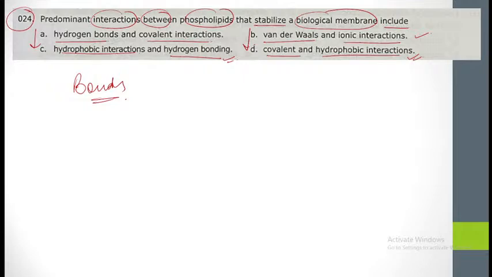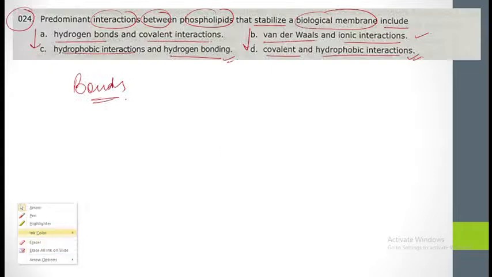Now let's give it a try. Let's get the answer for this question. Yes, the answer for this particular question is option number C. Very good. All of you gave the answer correct.